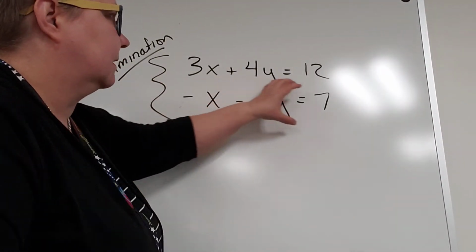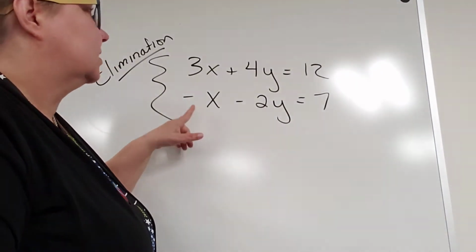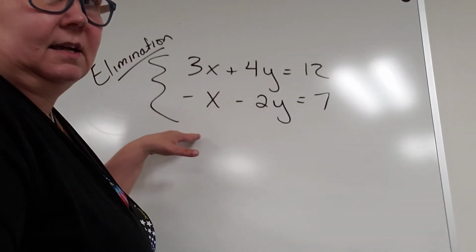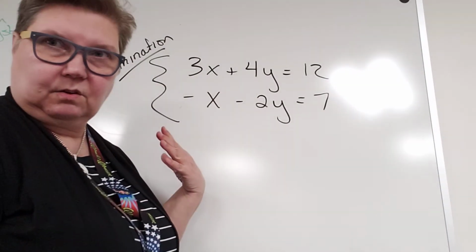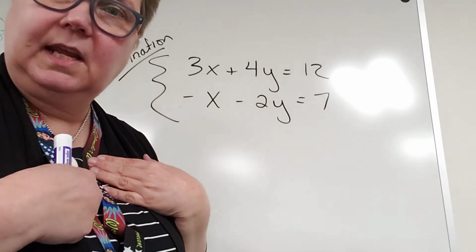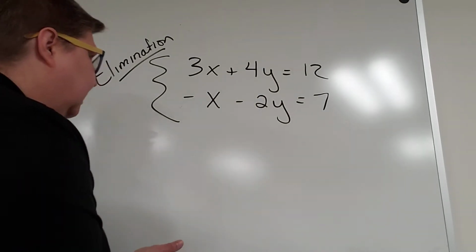Or I can take this whole equation and multiply by 3 so that we get negative 3 here. And when I add it, the x goes away. So whatever you want to do, I'm going to eliminate y just because I chose to eliminate y.